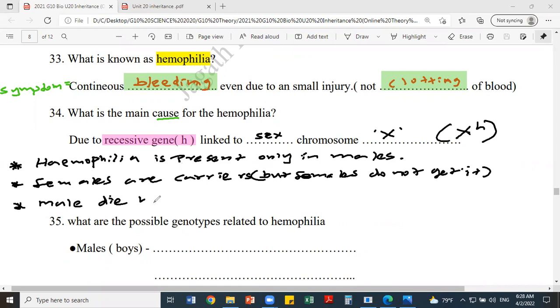Most of the males die at birth without medication. Males mostly die at birth. I'll write that in front of that within brackets: present only in males, but they die at birth.